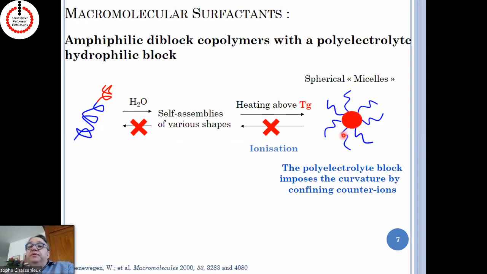And it's not possible to go back to the situation that you have here, to the pristine state of the polymer. Which means that the big problem of block copolymer self-assembly is that they are frozen. And once you play with them in terms of temperature or ionization, they are not reversible.